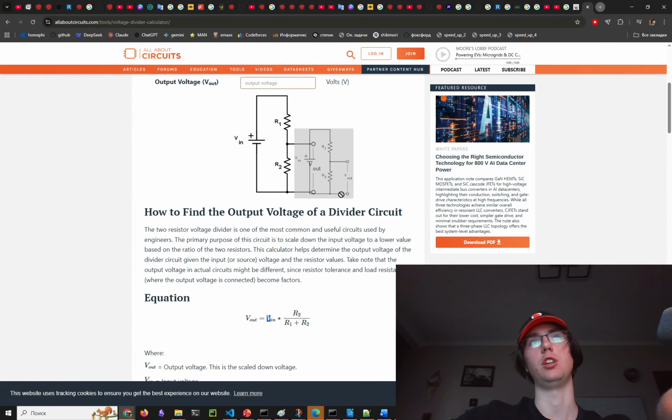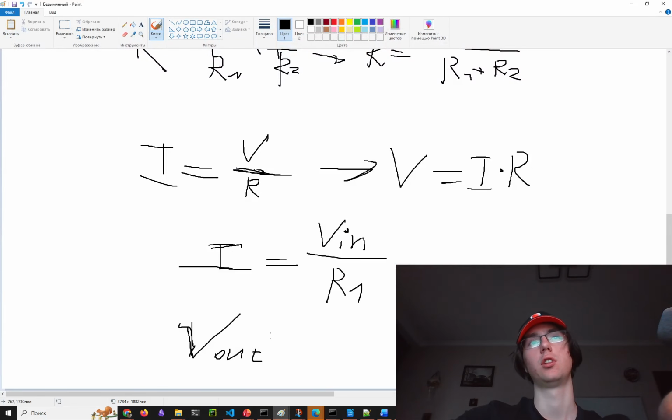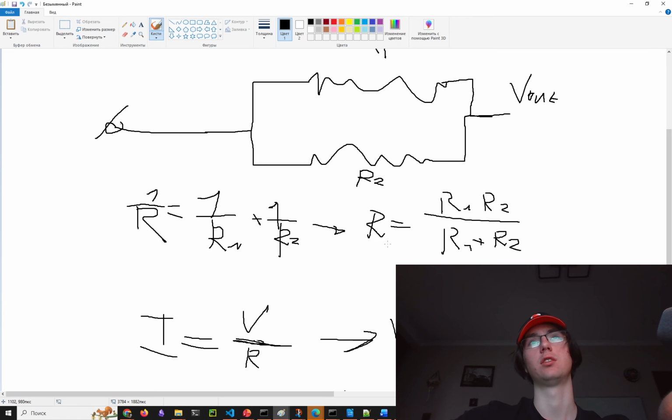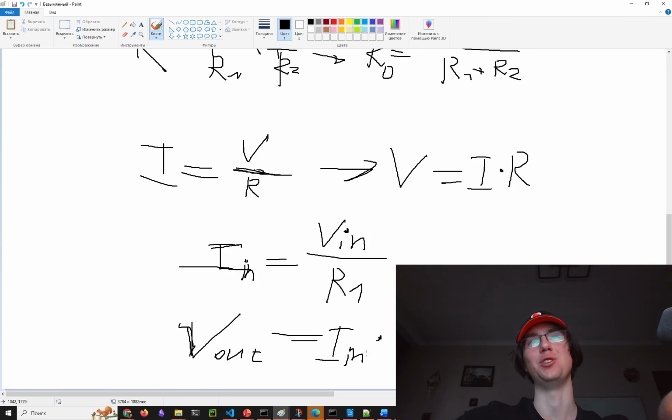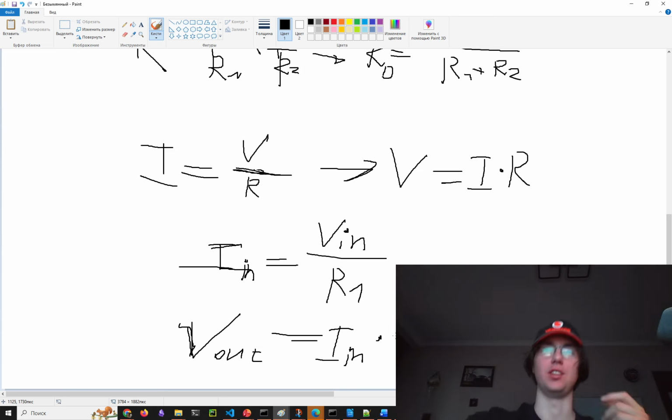from here, we should, by the way, let's call it like I in. Yep. We should multiply I in by, let's call it, I don't know, R2D2. Yay. So we multiply the input current by this whole resistance of this circuit, and we get what?